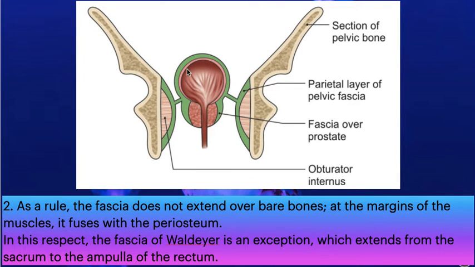As a rule, the fascia does not extend over the bare bones at the margins of the muscles. It is fusing with the periosteum. In this respect, the fascia of Waldeyer is an exception, which is extending from the sacrum to the ampulla of the rectum. We have done fascia of Waldeyer in the rectum.